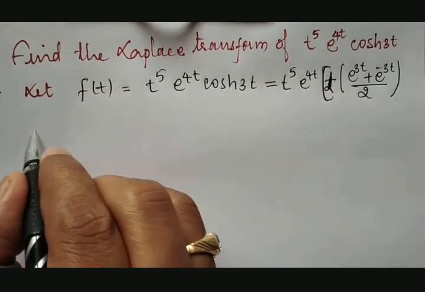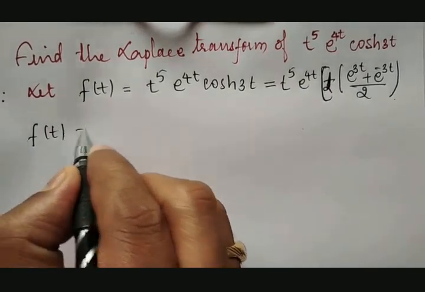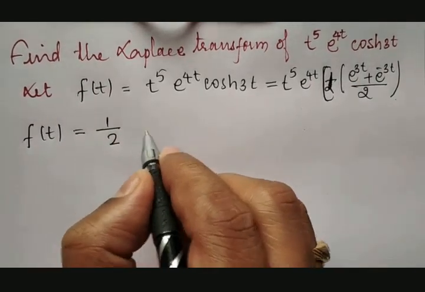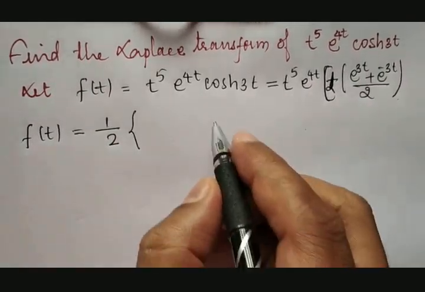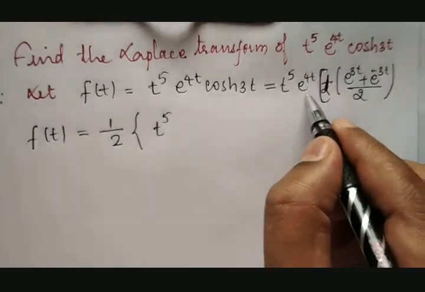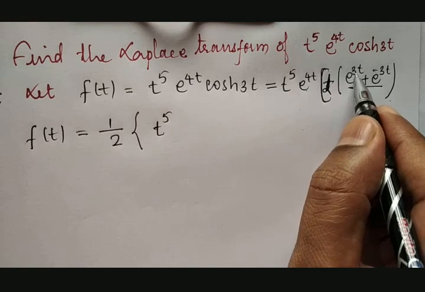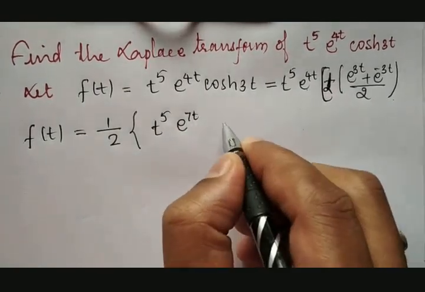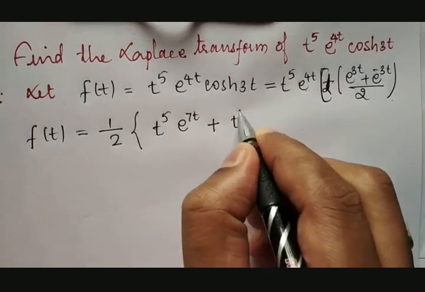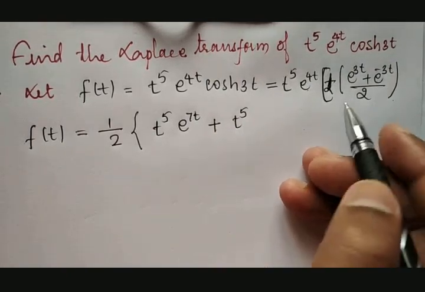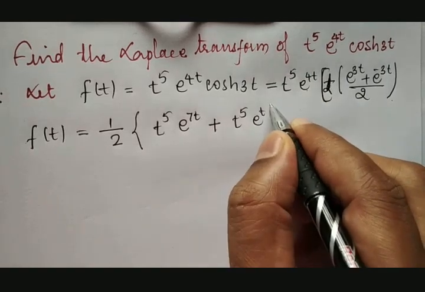Therefore f of t is equal to 1 divided by 2, taken as a common term, into t raised to 5 into e raised to 4t into e raised to 3t, that is e raised to 7t, plus t raised to 5 into e raised to 4t into e raised to minus 3t, that is e raised to t.